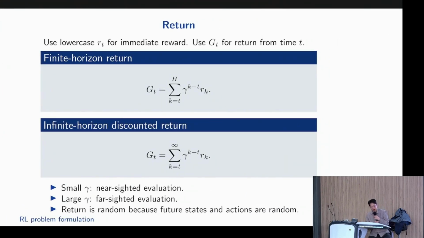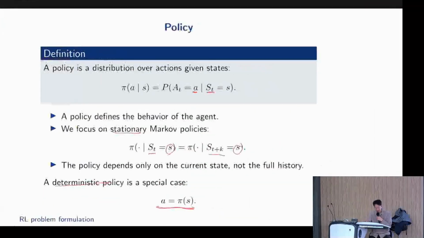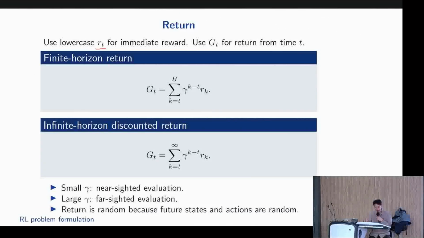Okay, another definition: return. We already defined lowercase r_t for the immediate reward when we defined the MDP. Lowercase r is the immediate reward, and uppercase R is reserved for return. Depending on which paper you're reading, some people write it G_t, some people write it R_t.